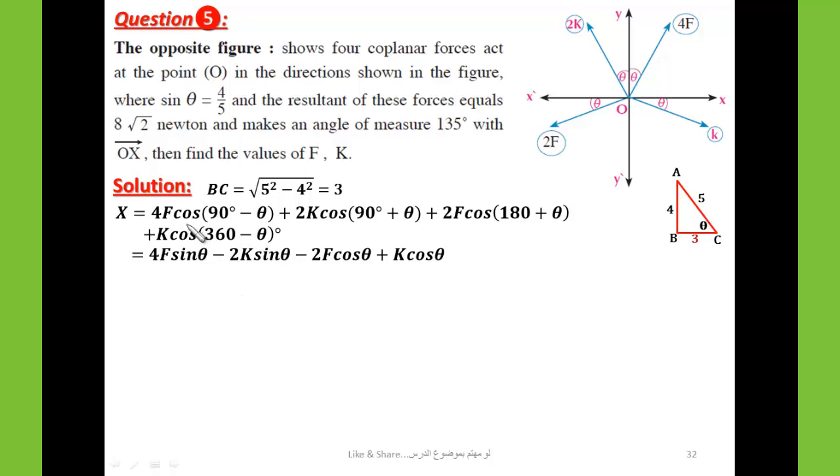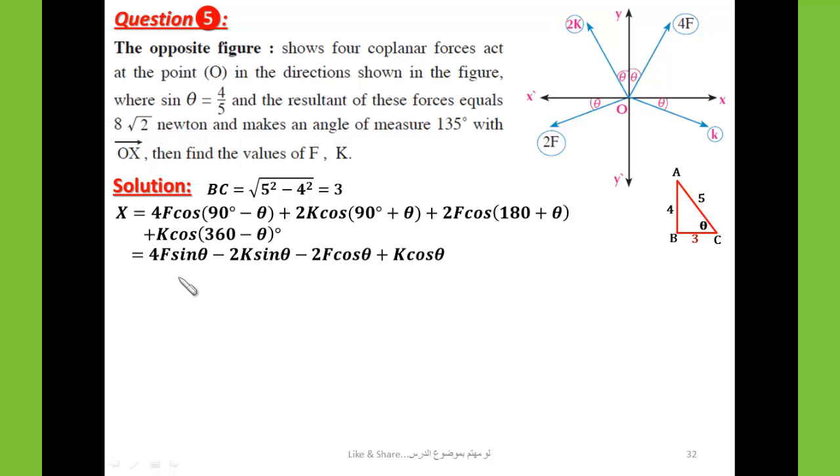And we simplify each term. Cosine 90 minus theta equals sine theta. Cosine 90 plus theta is negative sine theta. Cosine 180 plus theta equals negative cosine theta. Cosine 360 minus theta equals positive cosine theta.